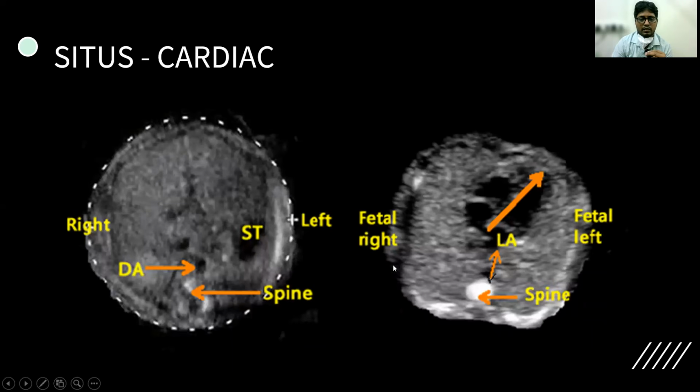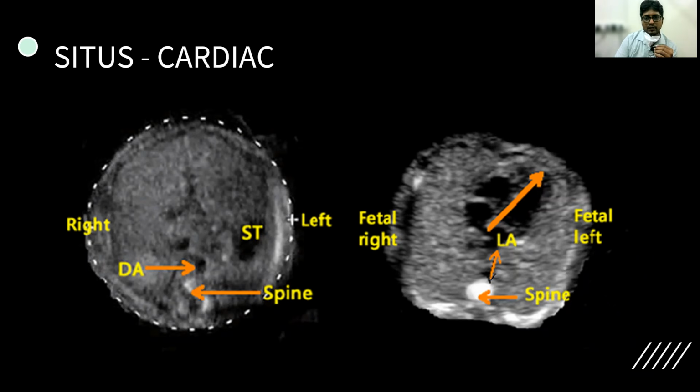As you can see here, in this film, we have taken the image at the level of the fetal thorax. And in the fetal thorax, we should estimate the cardiac axis or the situs of the cardia.